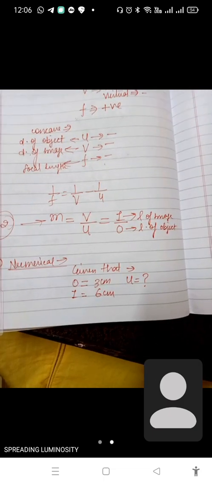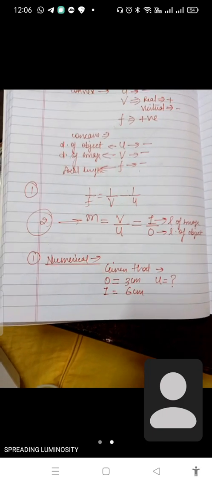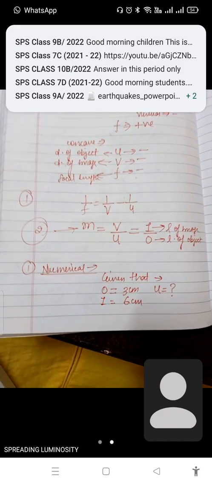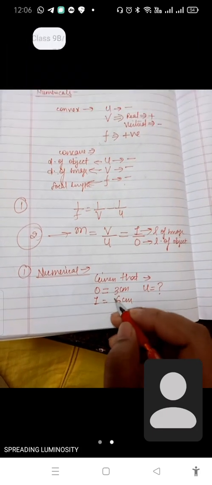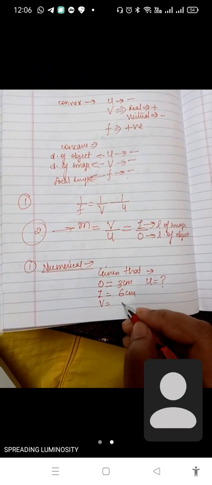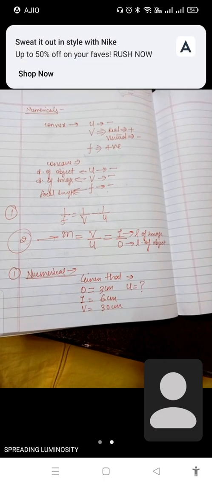What you have to get? At what position the candle must be placed? It means the distance of the object from the lens, so that the image of length I, 6 cm, is obtained on a screen placed at a distance 30 cm behind the lens. What is this 30 cm? This is V, the distance of the image from the lens. Till here is it clear?